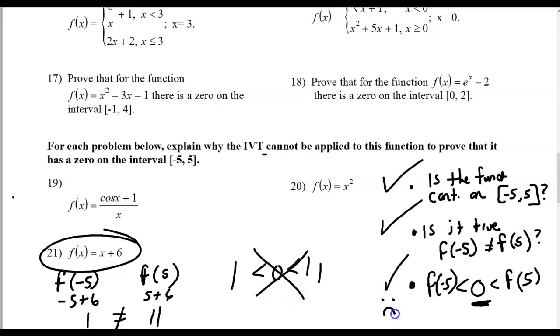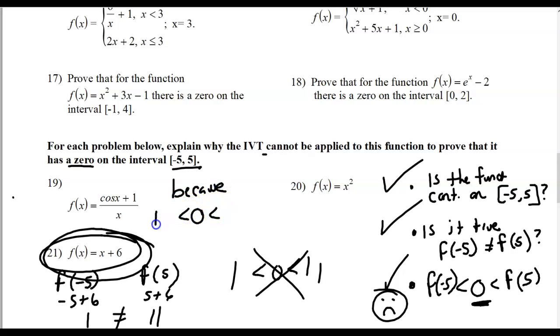So we fail there. And we would say the reason that you cannot apply the IVT to this function on this interval to prove that y equals 0 somewhere on that interval is because 0 is not between f of -5 and f of 5. Well, I don't like how I wrote that. That's saying it is equal, so I don't want to do that.